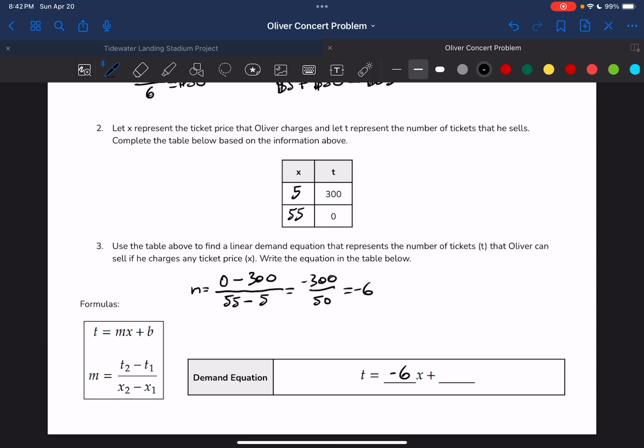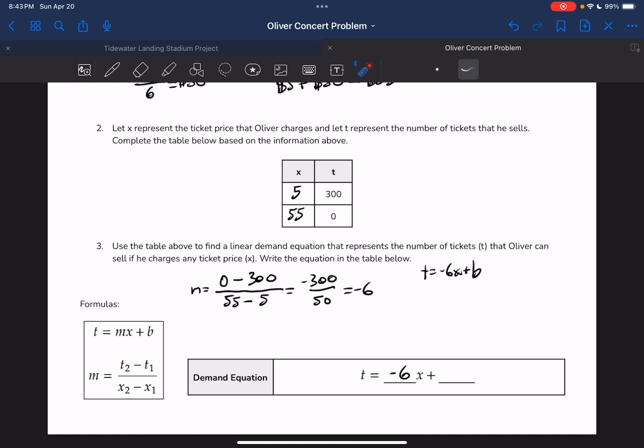To do that, we're going to take our equation T is equal to negative 6x plus B. We want to evaluate it for one of these 2 points up here, right? I'm going to choose this one just because it's nice to work with 0, but if you choose the top point, you will get the same answer.